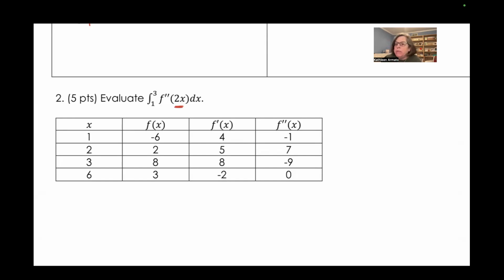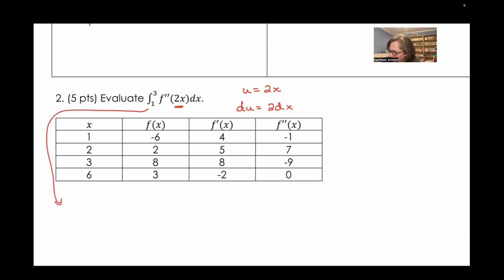So I need to rewrite this function so I have just a single variable as the input instead of 2x. That is a situation for u-substitution. Basically 2x is my inside function, f double prime is my outside. So I'm going to let u be that 2x, my inside function. Of course, the derivative then would be du equals 2 dx.